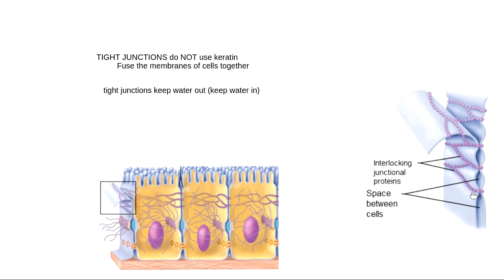By the way, let's see if any of us happen to remember this from back in the day. There's something else that my keratinocytes use to make them waterproof. What is something that the keratinocytes make that they spit out that makes them waterproof?